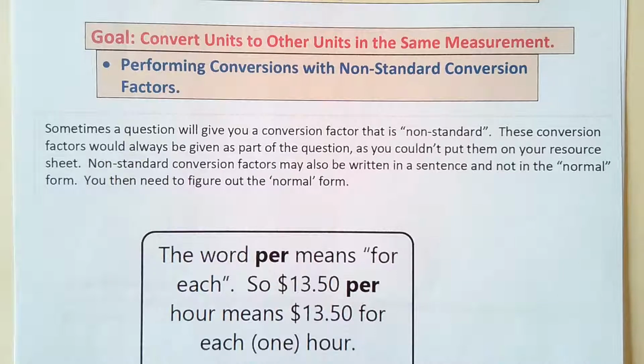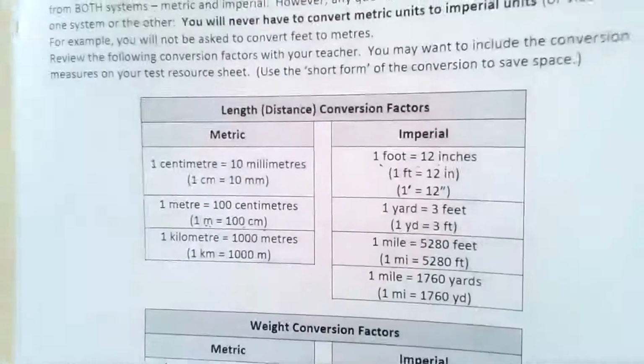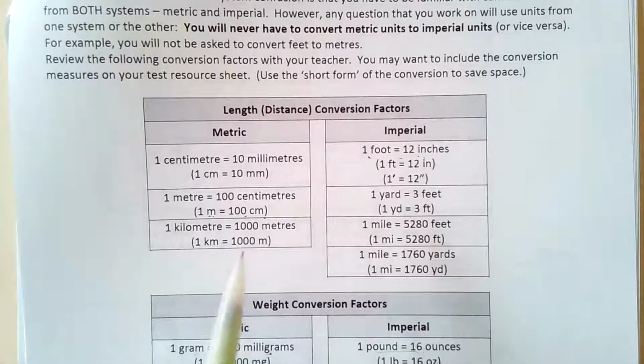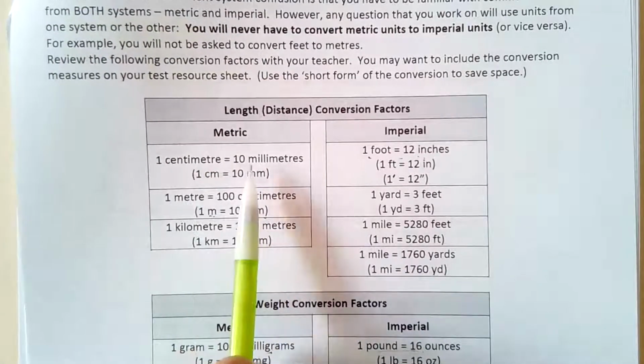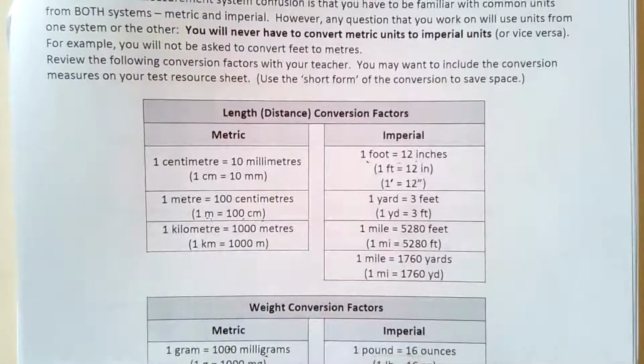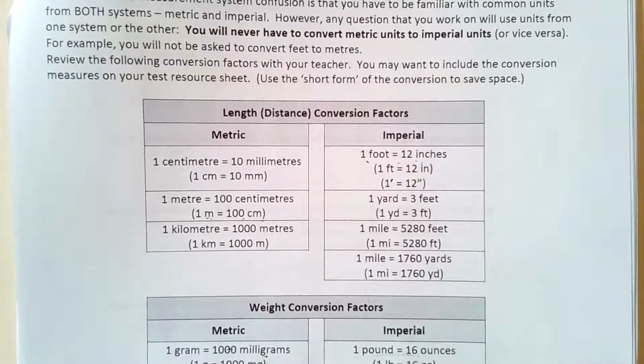Now, in our previous lesson, we looked at converting using standard factors. What I mean by standard is that it's fixed. 1 centimeter equals 10 millimeters. So if you want to convert centimeters to millimeters, or millimeters to centimeters, or miles to yards, that's a standard unit of measurement, so our conversion factor is fixed.